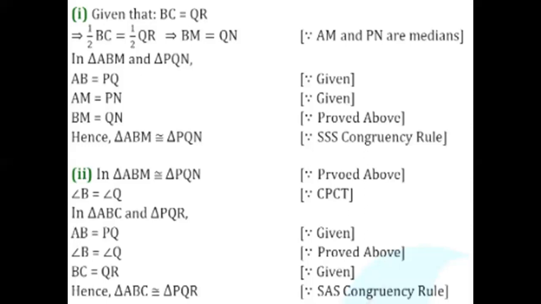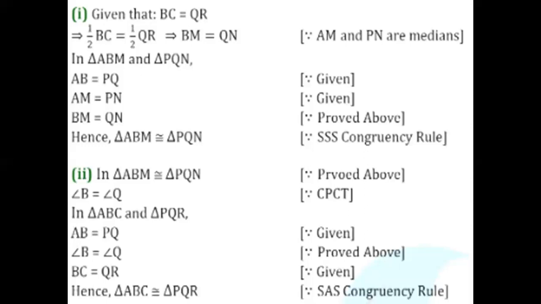Now let me get to the question. What am I supposed to prove? That triangle ABM is congruent to triangle PQN. So let me consider triangle ABM and triangle PQN. It is very clearly given in the question that AB is equal to PQ. It is also given that AM is equal to PN.